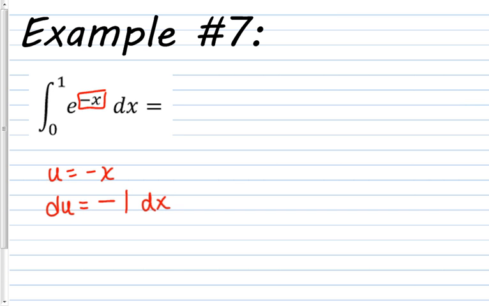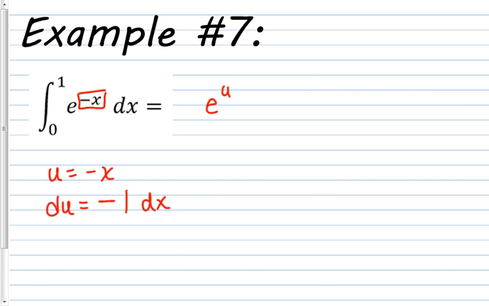And remember I said that I like leaving it all in terms of u. You're free to do that. You don't have to. And I will do it just because I said that I do prefer it for all the other problems, so I might as well be consistent. Okay, so this is now e to the u.